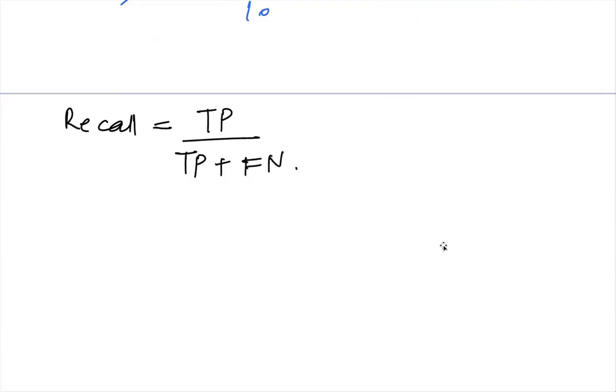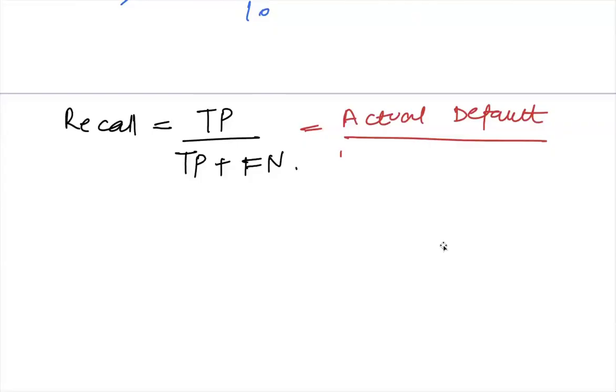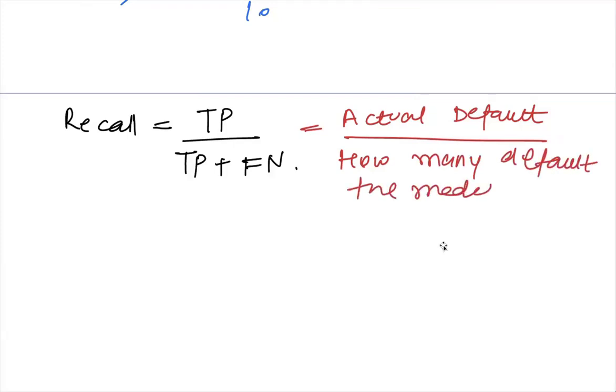Now what does this mean? Of all the people who actually defaulted, this numerator is actual default, as we know from above. Now this denominator means, of all the people who actually defaulted, how many defaults did the model catch? True positive means the model has predicted positive, and actually it is also positive.